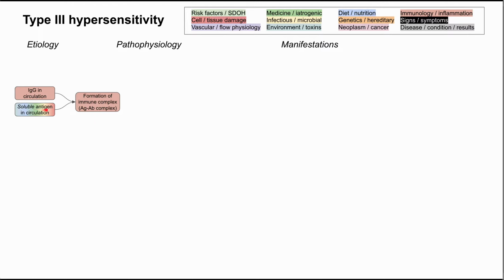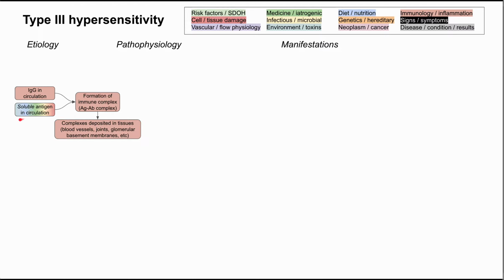In this case, the antigen is not attached to a cell, it's flowing around. The immune system still finds it, you'll still have these complexes that form, but these complexes then deposit in tissues. So type 3 hypersensitivity is more about antibody-antigen complexes depositing in tissues, as opposed to the immune system specifically attacking an antigen on a target cell.